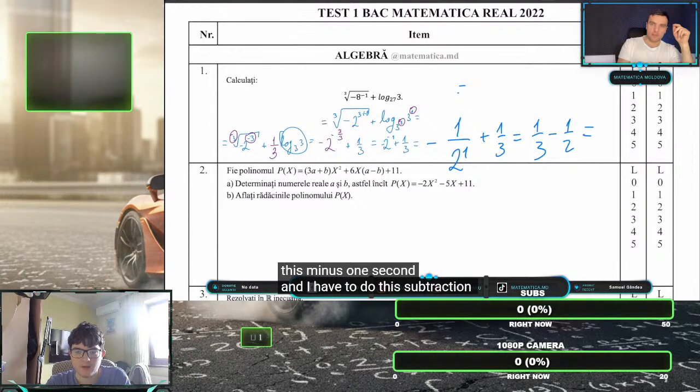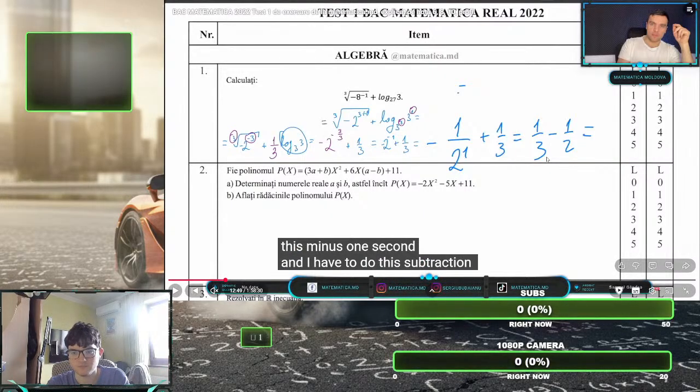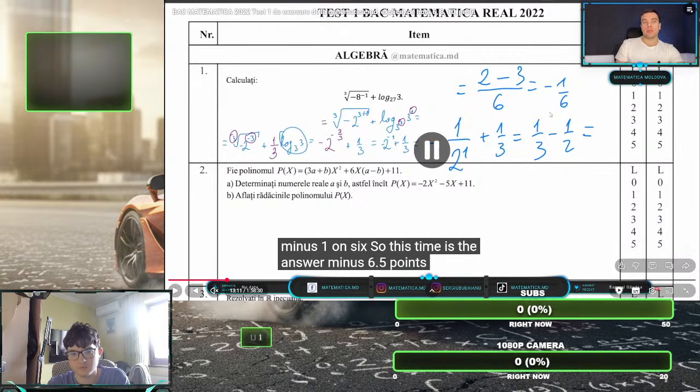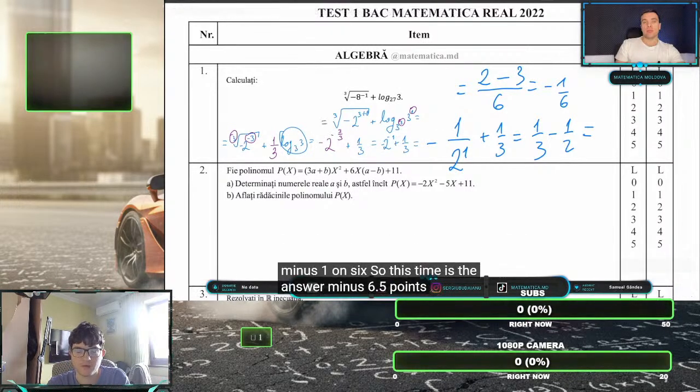I mean, he just moved the minus 1 divided by 2 to the right and he got that. And now the common denominator of the two numbers 3 and 2 is 6, and at the top is going to be 2 minus 3, which is minus 1, and at the bottom is going to be 6, so minus 1 divided by 6, you should get that. Boom. So that's it, that's maximum points, boom, done.